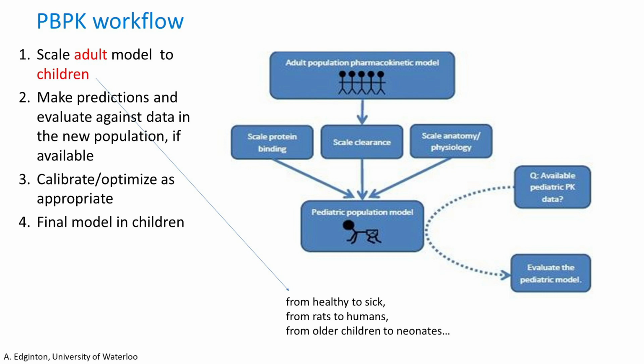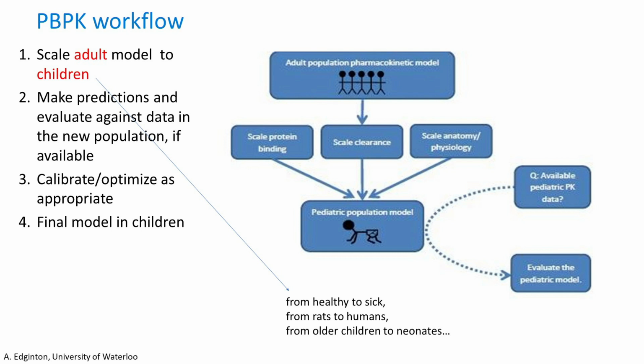If you have data, though, you can calibrate or optimize as appropriate to come to your final model in children or in your test population. And this will give you an opportunity then to probe that model for different questions that you have to answer in terms of, let's say, dosing. In particular for pediatric patients, we'll often use PBPK modeling to do exposure matching so that we can come up with the pediatric dose to have the same exposure as you do in adults.